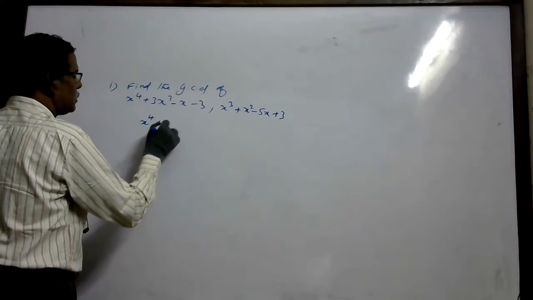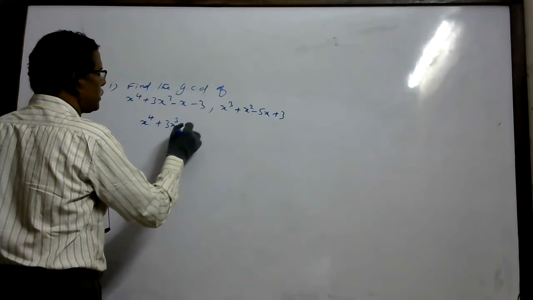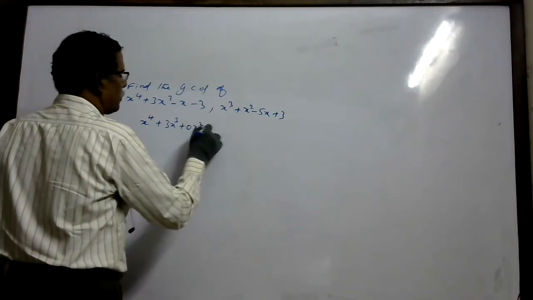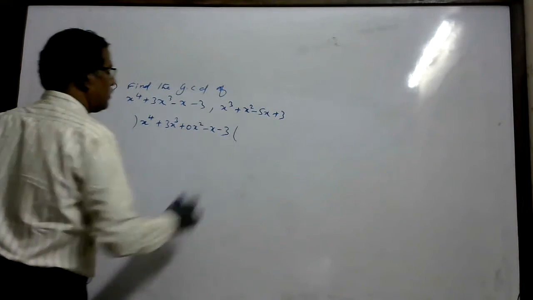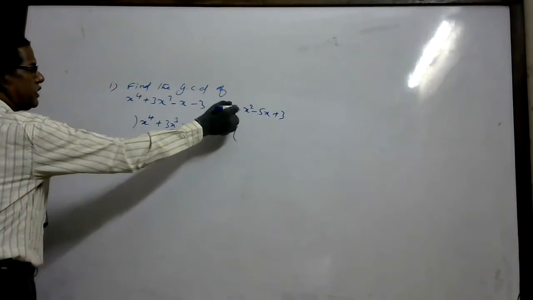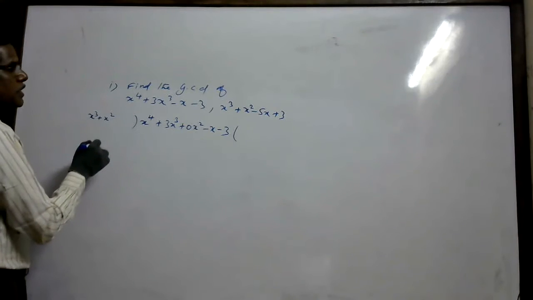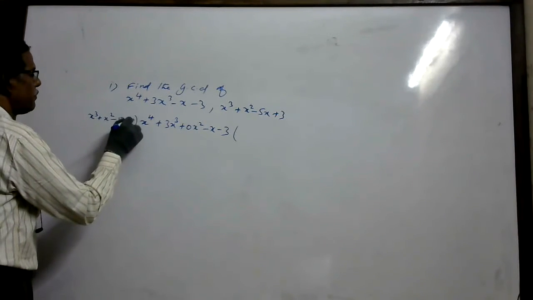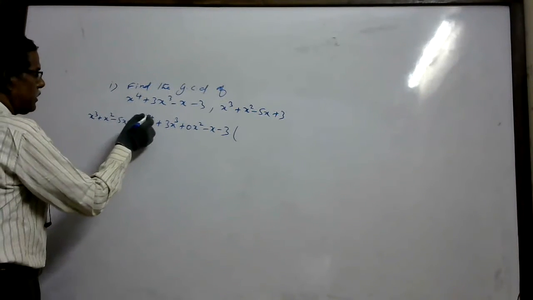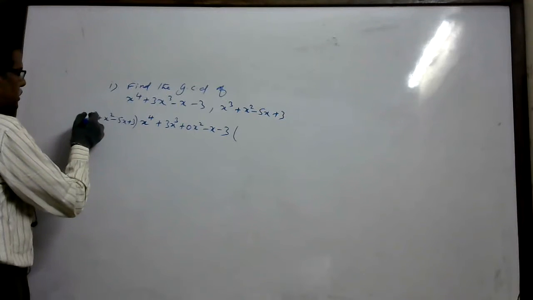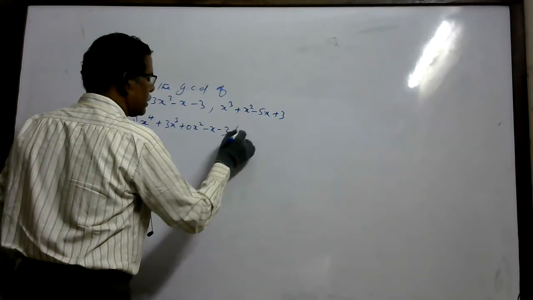x power 4, 3x cube, there is no square term, so take 0x square, minus x minus 3. Take this polynomial x cube plus x square minus 5x plus 3. Now, divide the first term by the first term. x power 4 divided by x cube is x.